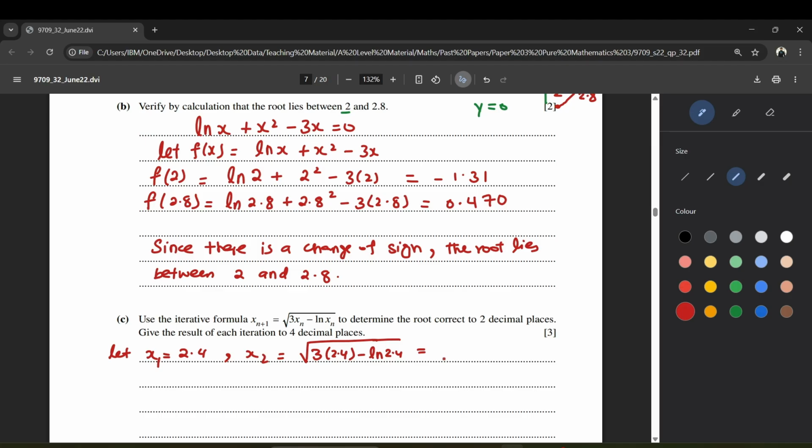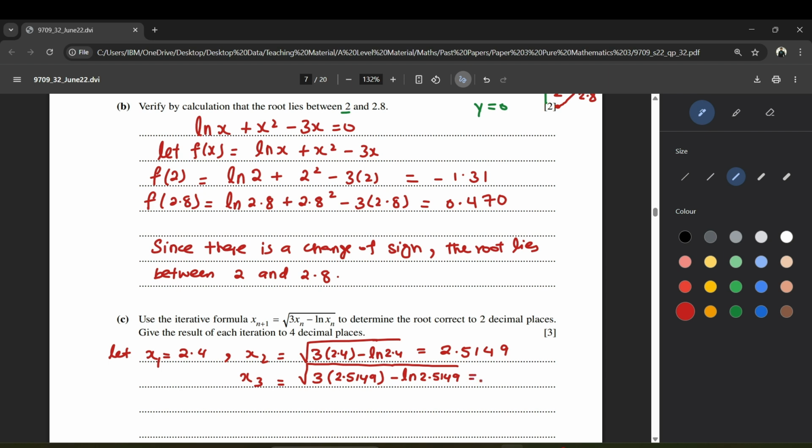We have square root of 3 times 2.4 minus ln 2.4, and that gives us 2.5149. For x3, the value that I'm going to plug in will be 3 times 2.5149 minus ln 2.5149.